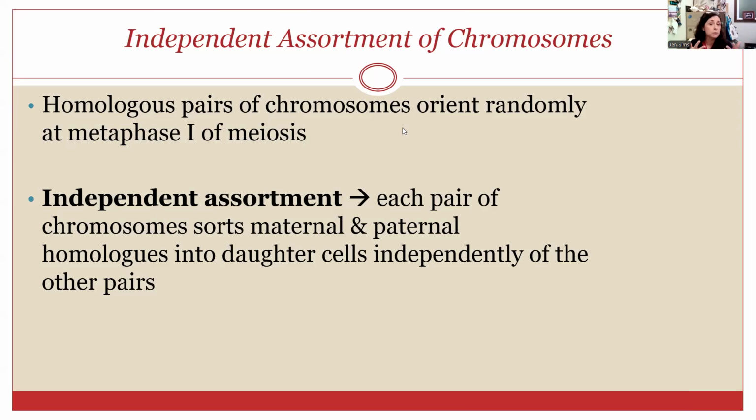And so what you end up with is a different combination of dad and all of his family lineage and mom and all of her family lineage in different gametes. So you know how somebody says like, oh, you look more like your dad. Oh, you look more like your mom.